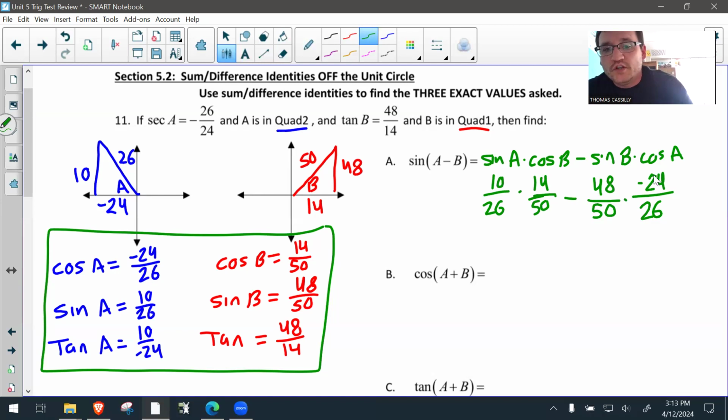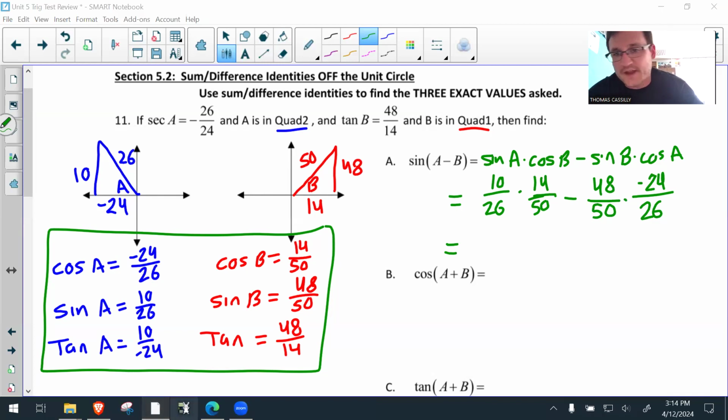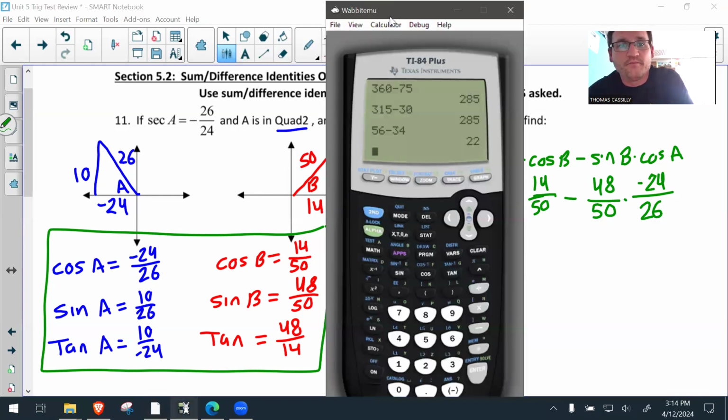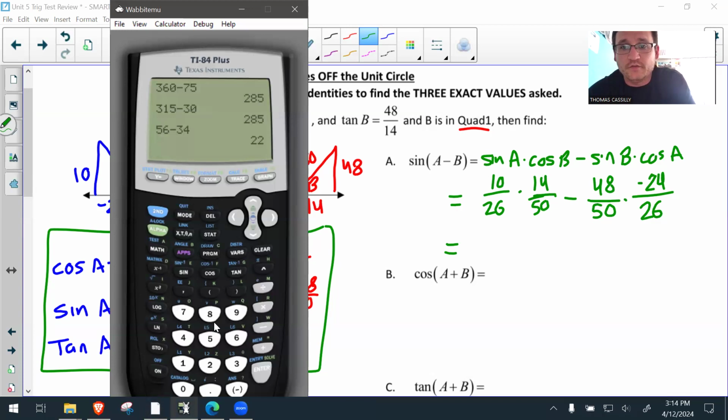So now you could just throw this entire thing in your calculator, and as a matter of fact, that's what I'm going to do. If you want to make your fractions, so be it. Fractions are just division. So 10 divided by 26, times 14 divided by 50, minus 48 divided by 50, times negative 24 over 26.